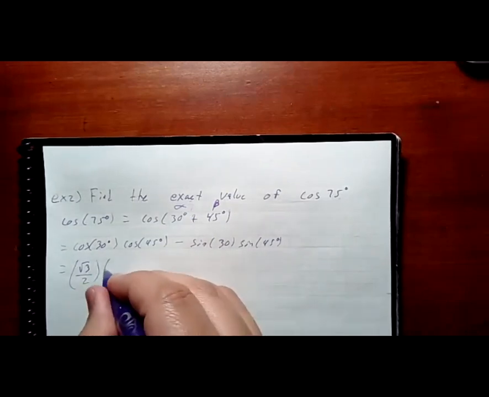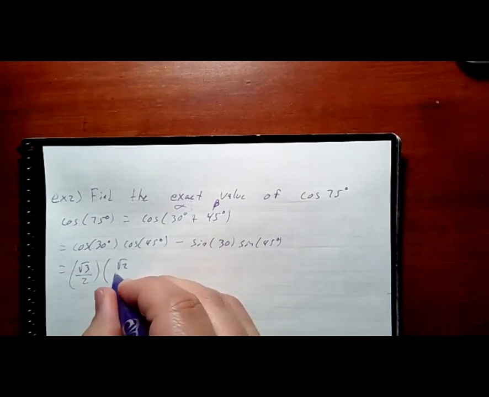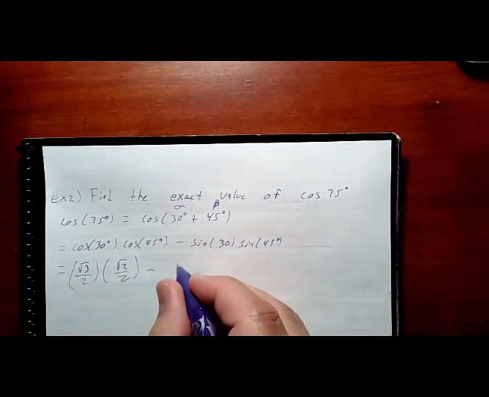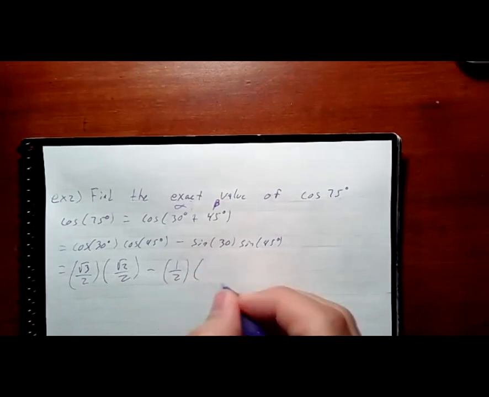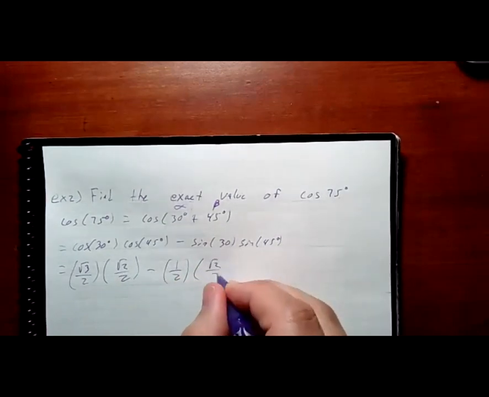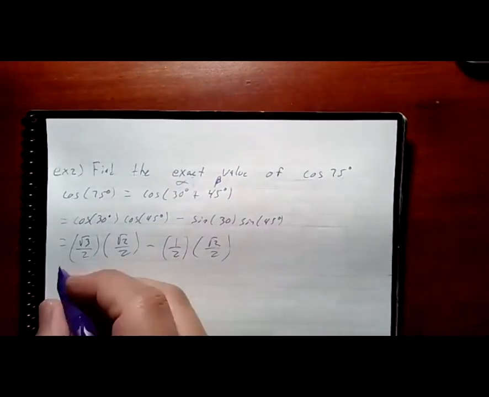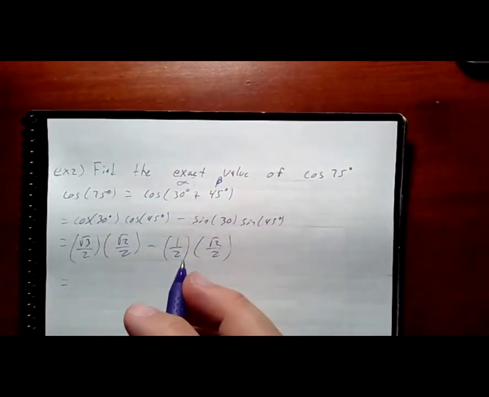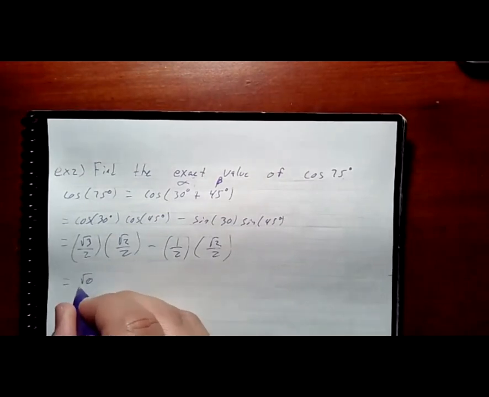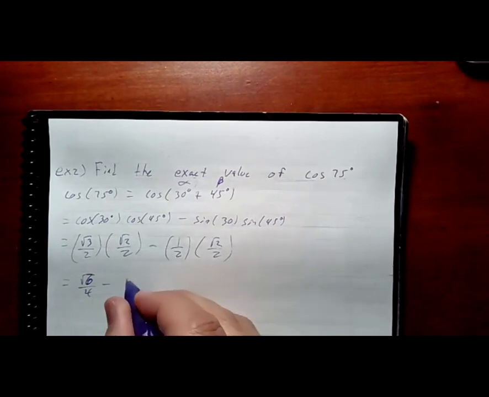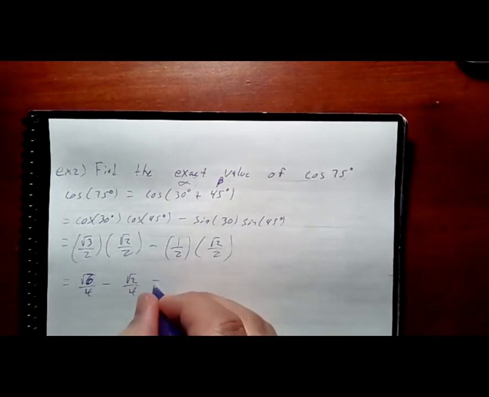So find them on the circle and you'll get this. This would be what we found earlier, pretty much. Very similar. Square root 6 over 4 minus square root 2 over 4.